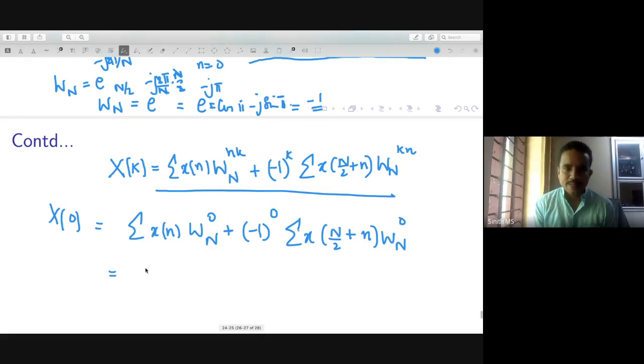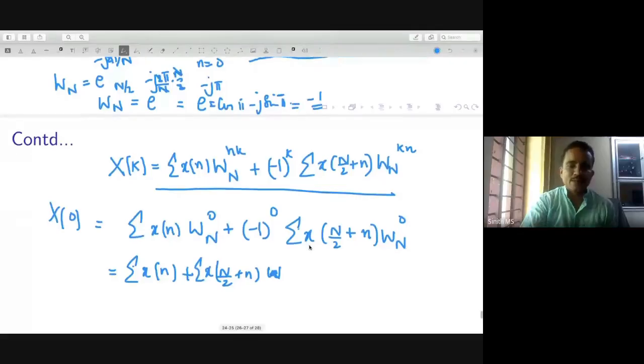So this is basically x of n, minus 1 raised to 0 is 1, plus, you just add these two together, plus sigma x of n by 2 plus n, Wn raised to 0 is 1.